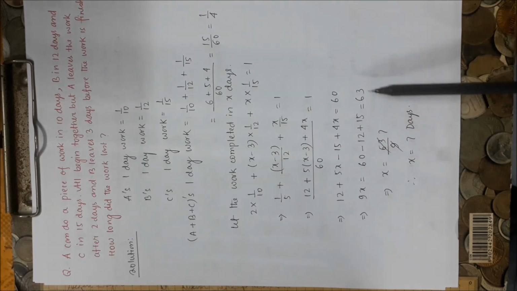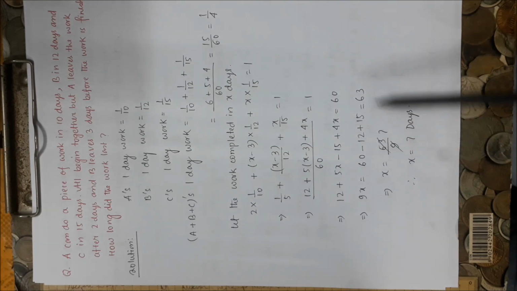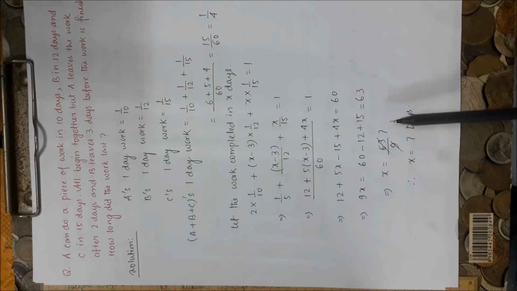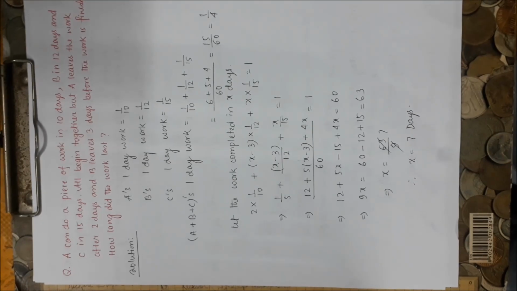So if you simplify, you will get 63. So X is equal to 63 by 9 equals 7. 9 1s are 9, 9 7s are 63. Therefore, the entire work lasts for 7 days.